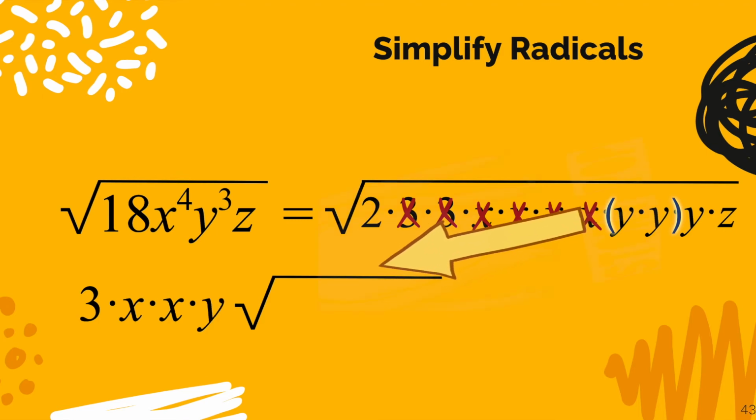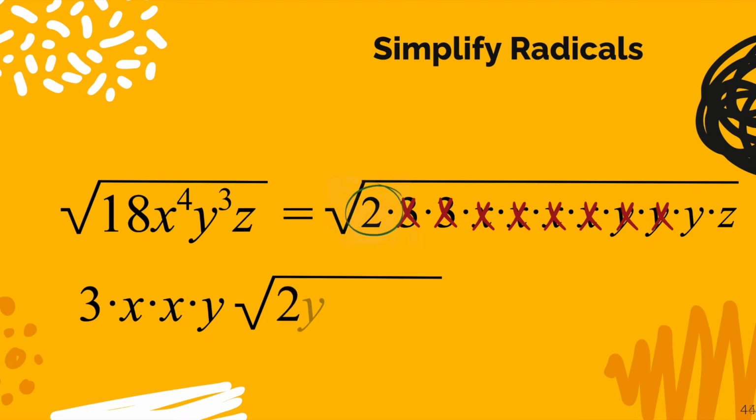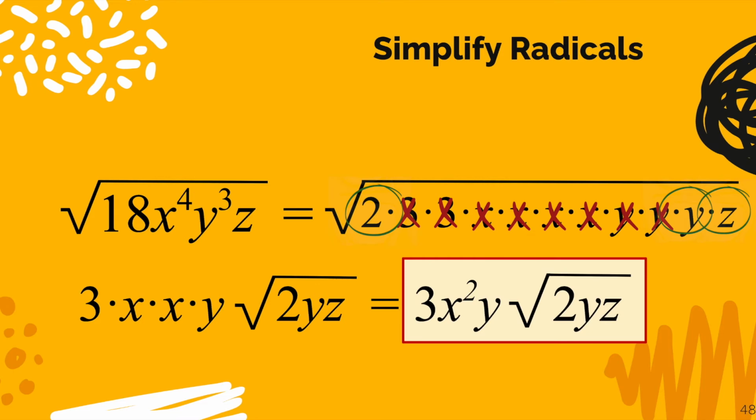That means we can bring 1 out, and we do not have a pair of z's, so the z cannot make its way out. Now you see we've crossed off some of the things as we went along, and what's left behind is a 2, a y, and a z, all under the radical. So therefore our answer is 3x squared y times the square root of 2yz.